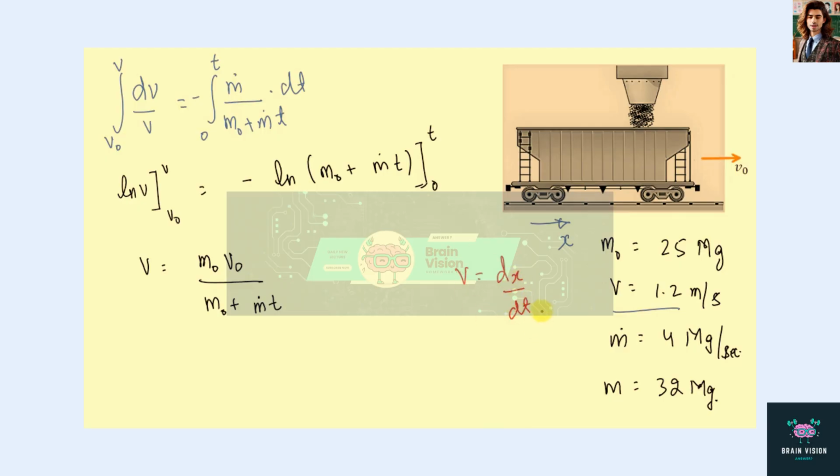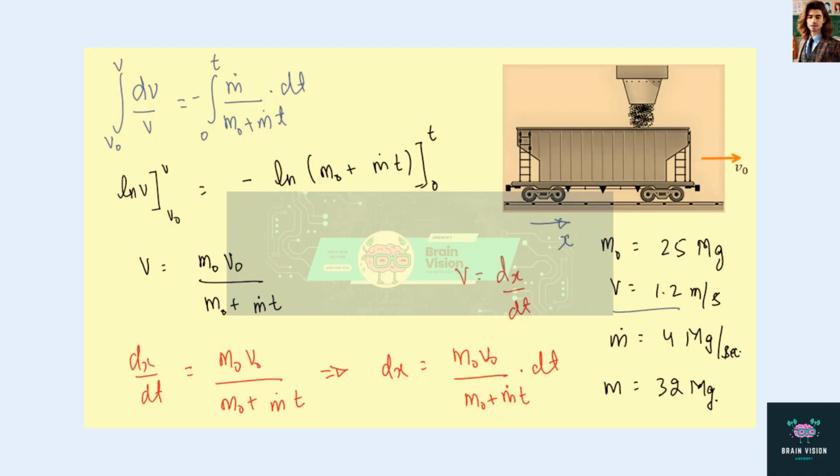So dx over dt equals m naught v naught divided by m naught plus m dot t, and we can rewrite this as dx equals m naught v naught divided by m naught plus m dot t, dt.